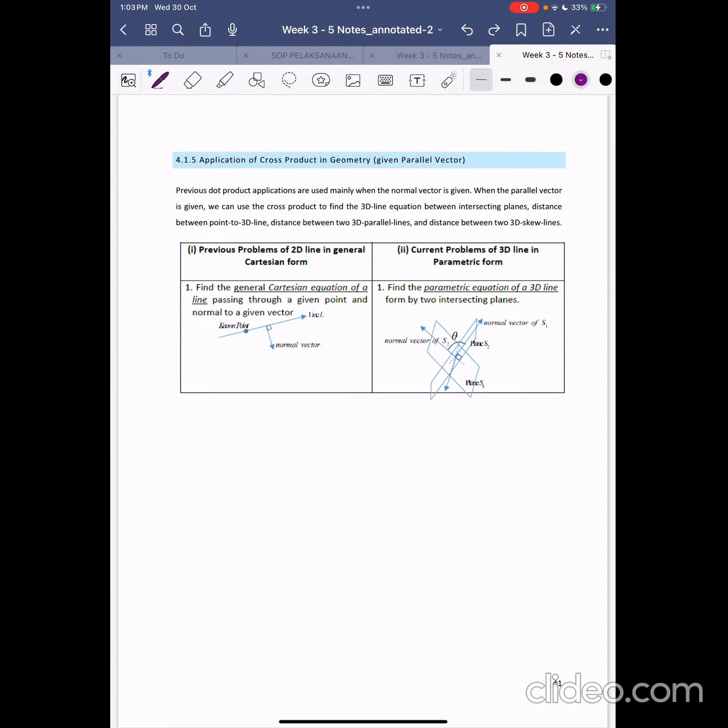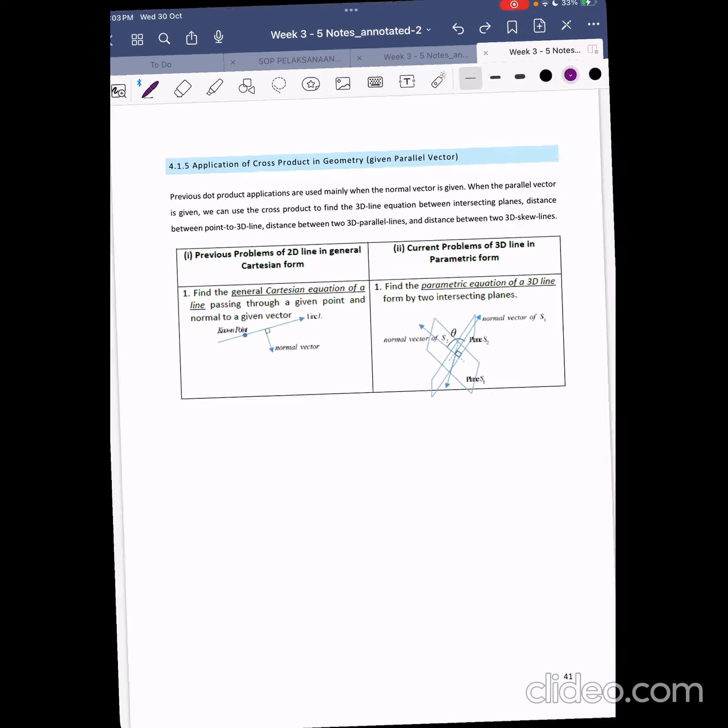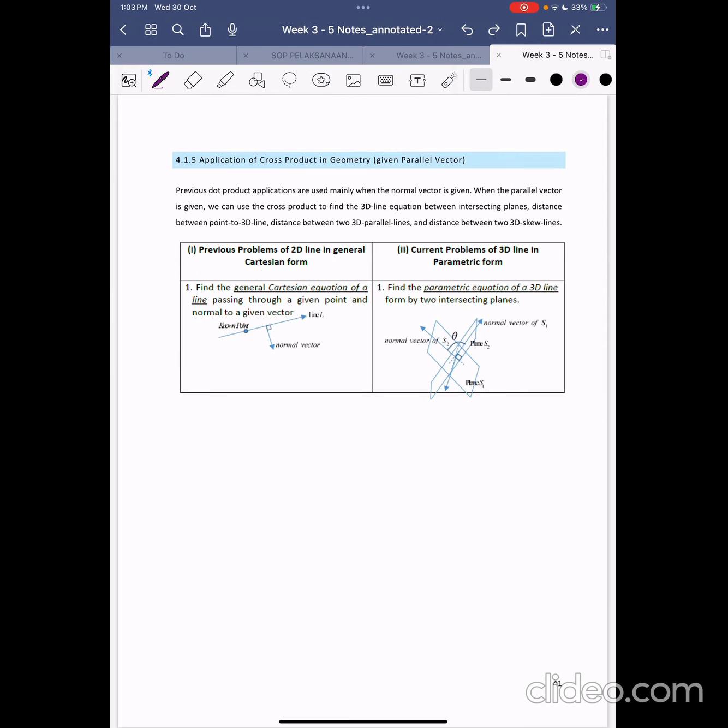Alright, let's look into 4.15, application of cross product in geometry given a parallel vector here. Previous dot product applications are used mainly when the normal vector is given. When the parallel vector is given, we can use the cross product to find the 3D line equation between intersecting planes, distance between point to 3D line, distance between two 3D parallel lines, and distance between two 3D skew lines.